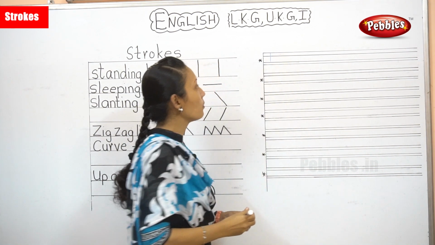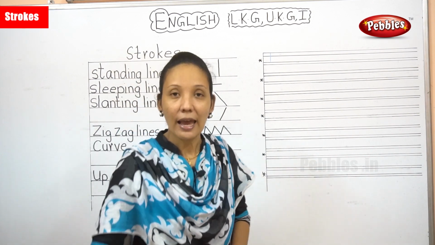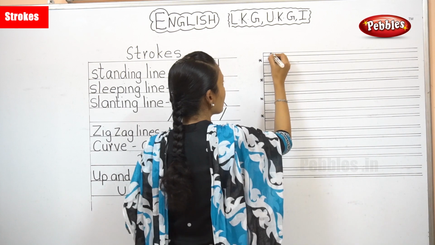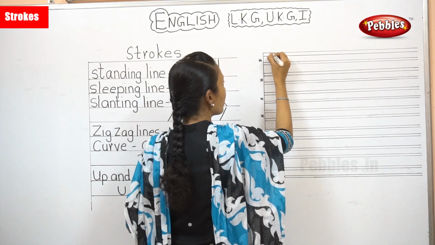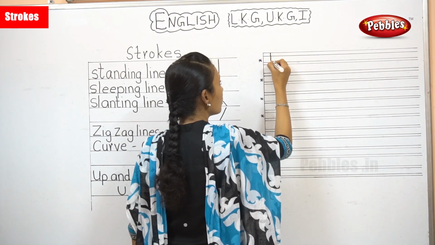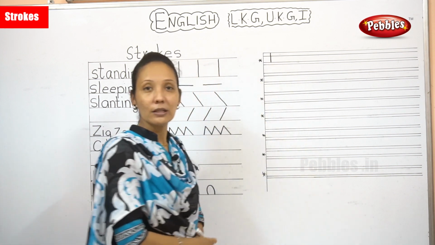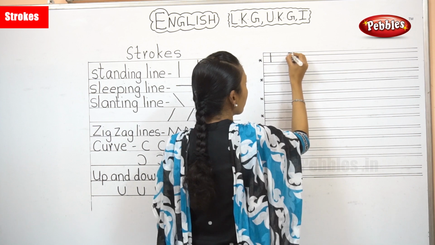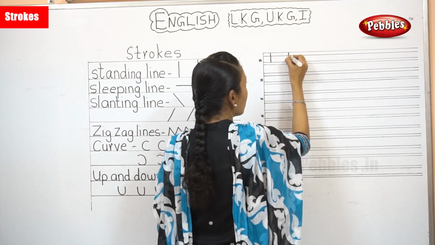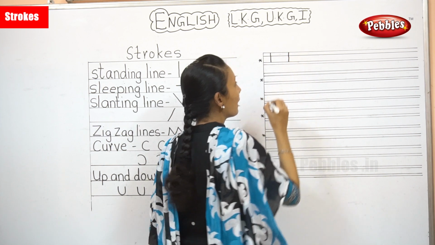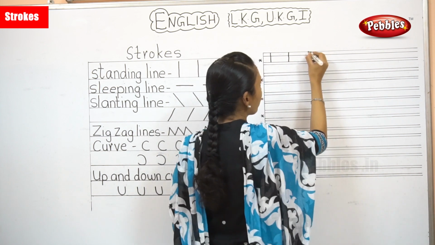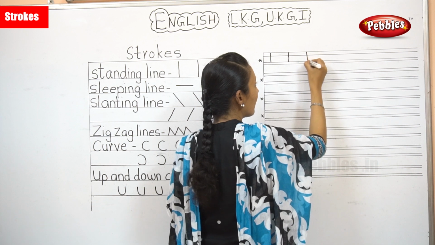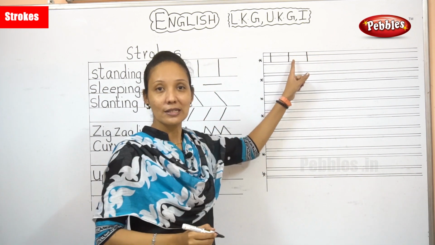Once again, from your first line to your third line. This is called standing line. Once again, from the first line down to the third line, standing line.